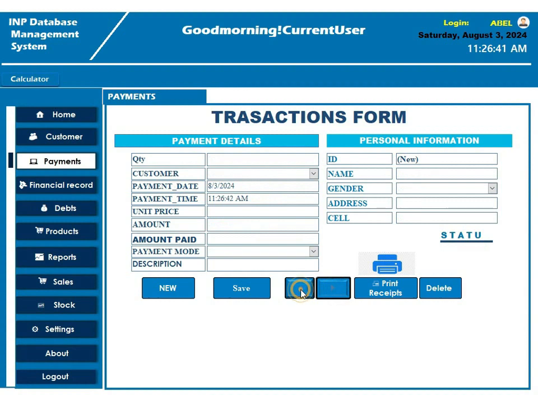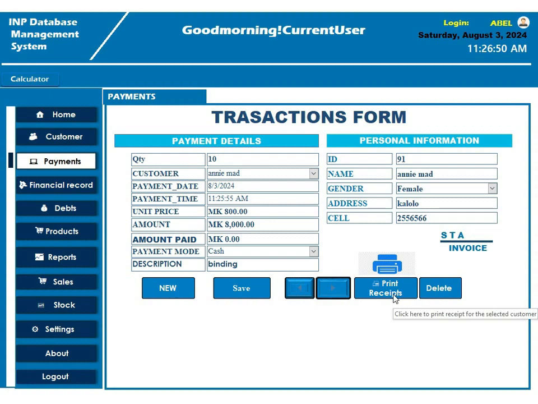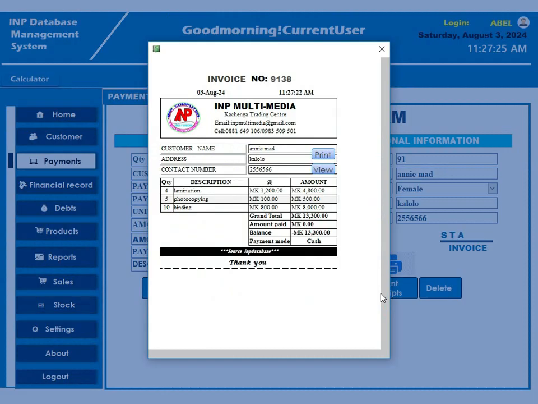Now, before I enter the actual amount of money my customer is going to pay, let me view the receipt. You can see that there are 3 transactions which have been entered. The first one, that's lamination, 4 documents.